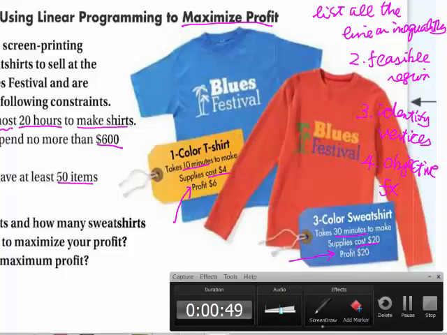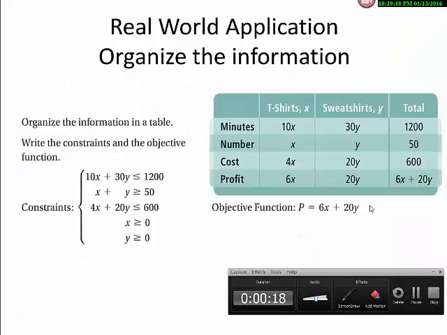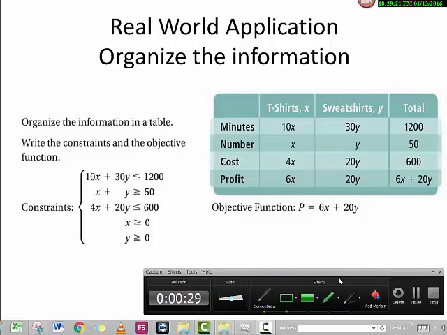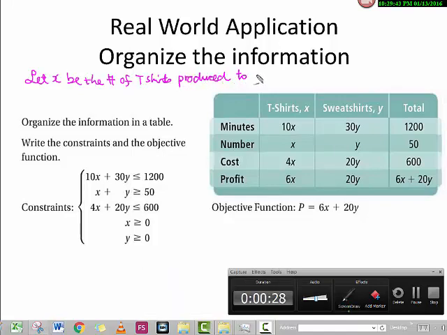That's the maximum profit. So in order to solve this problem, we have to organize the information so we know what to do. So first, as in all problems in algebra, we have to do let x. We're going to let x be the number of t-shirts that you're going to produce to maximize the profit.